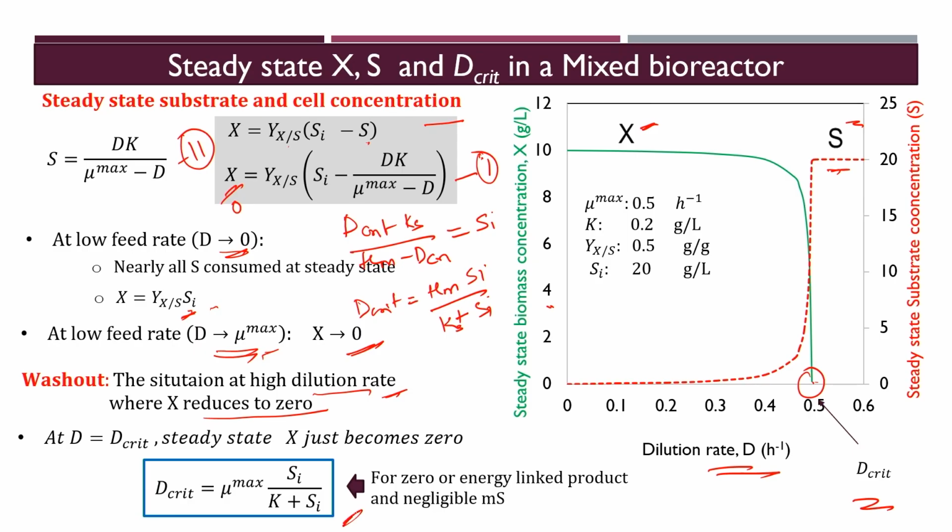So, this is the D critical, we can always calculate. So, CSTR is operated at mu less than D critical value.